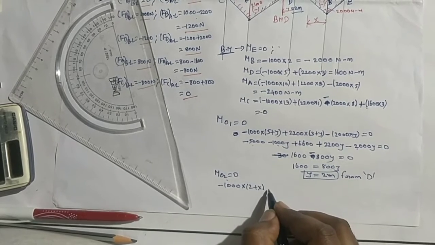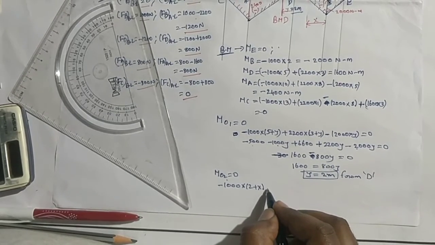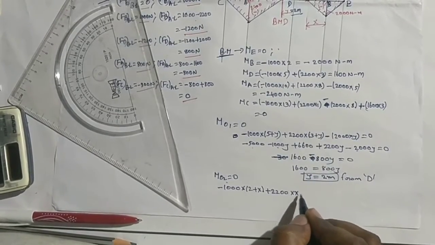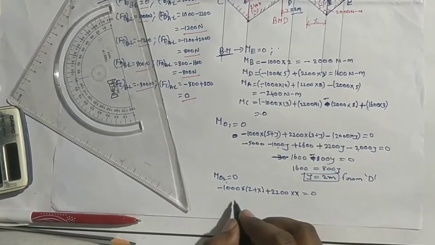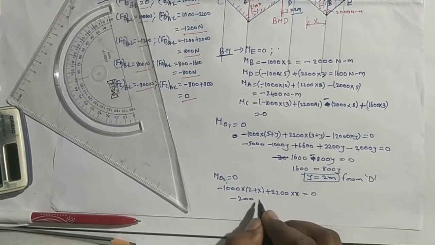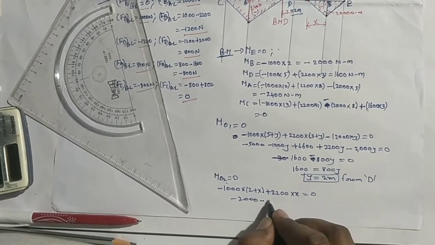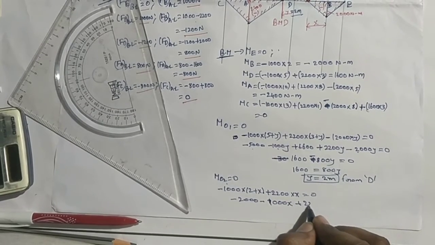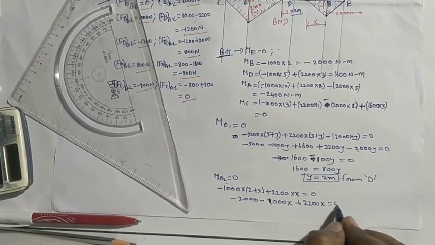The next load, 2200, is acting anti-clockwise, so it is taken as positive, 2200 into x is equal to 0. So minus 2000 minus 1000x plus 2200x is equal to 0.